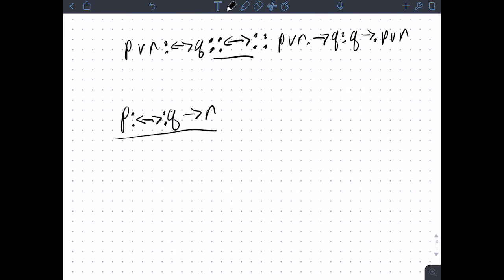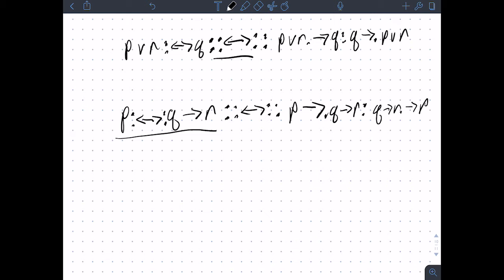So this whole thing is going to be equivalent to, and again, we need more dots here. So this is equivalent to P, therefore Q, therefore R, and Q, therefore R, therefore P. Again, you probably won't run into any that are as tricky as this. I'm just showing them to you so you can see all the sorts of things that this applies to.